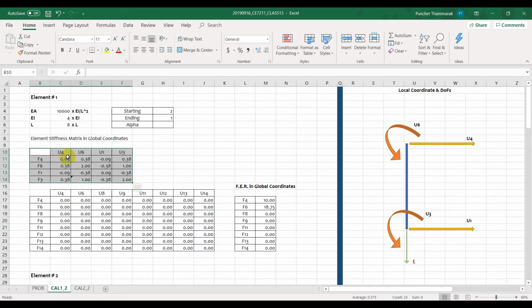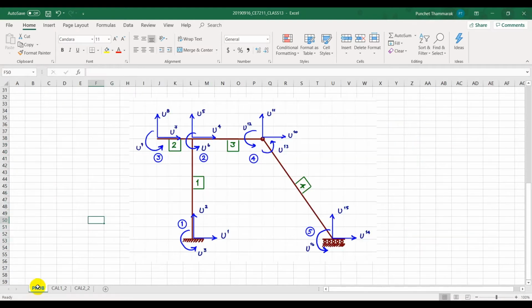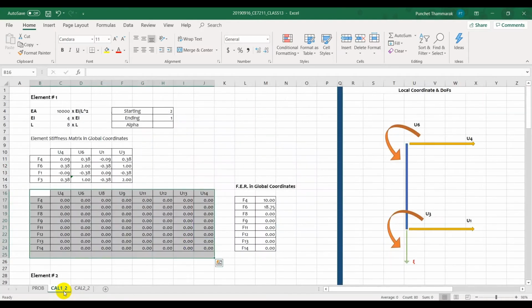So we have 4, 6, 1, 3. 1 and 3 are not included in here because U1, U2, U3 are 0. U5 is also 0. U15 and U16 are 0. So all these 0 candidates are not included in this place.